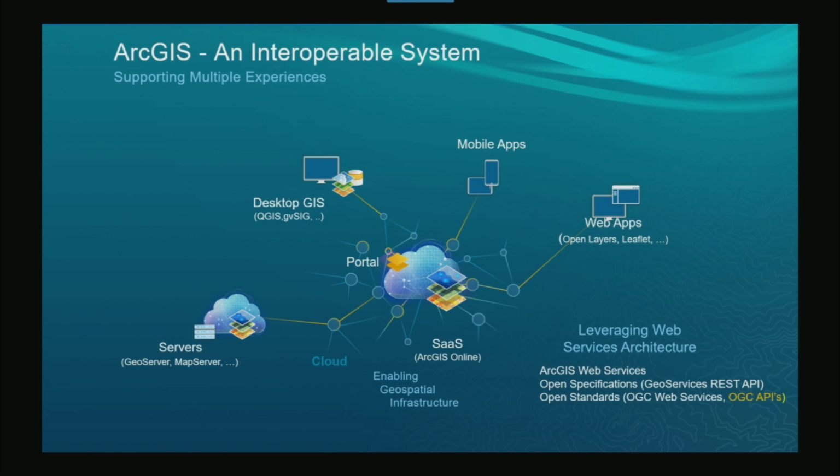So if you're living in an environment that is more heterogeneous, we're not talking of an organization that is purely using only Esri or ArcGIS systems, then we're talking about how the ArcGIS system fits within that larger enterprise. So you could have servers that are not ArcGIS servers. You may have desktop implementations that are using QGIS, gvSIG, and so on.